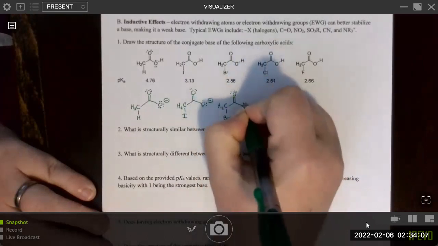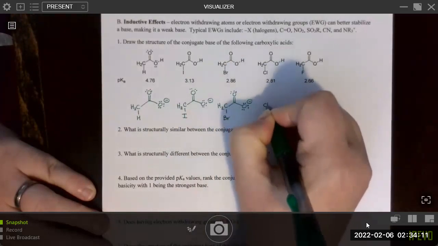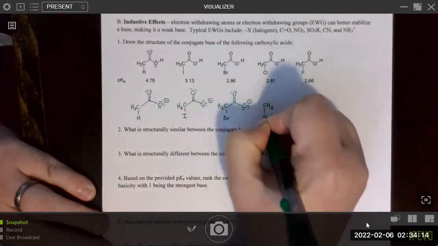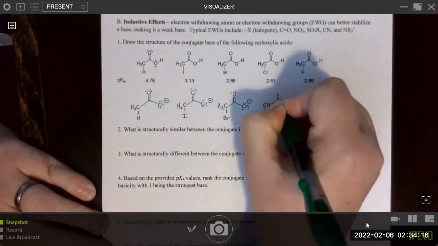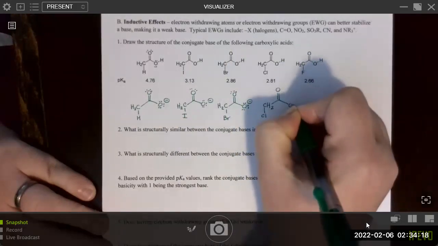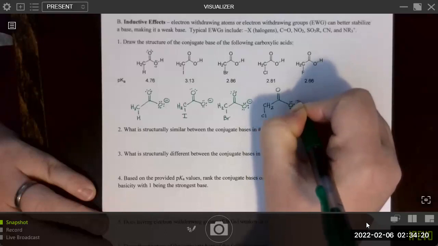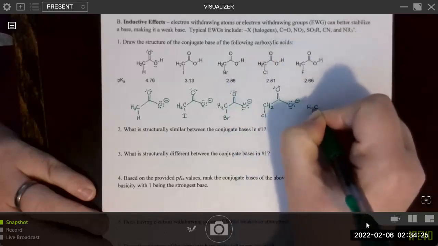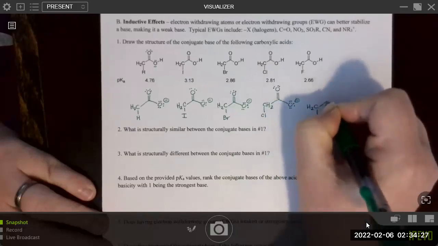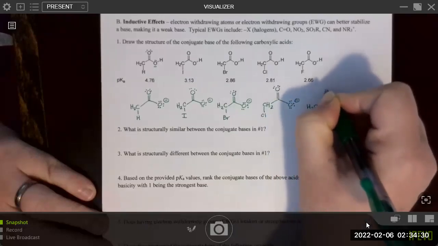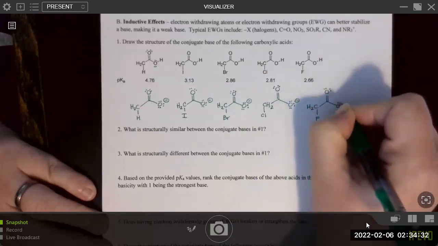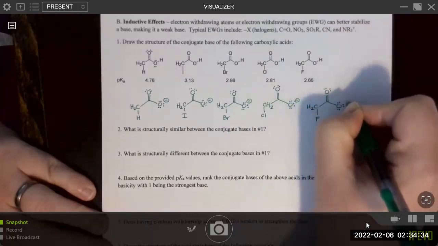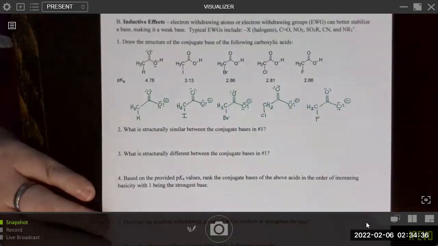A little bit time consuming, but we'll get there. All right, now we have all 5 conjugate bases drawn.